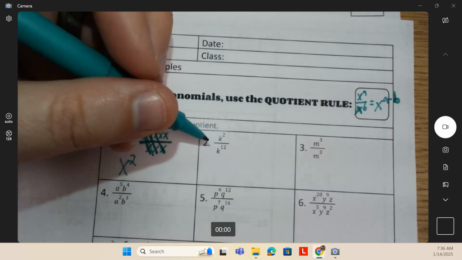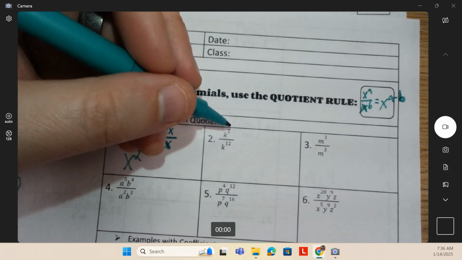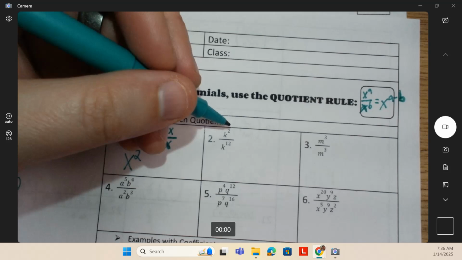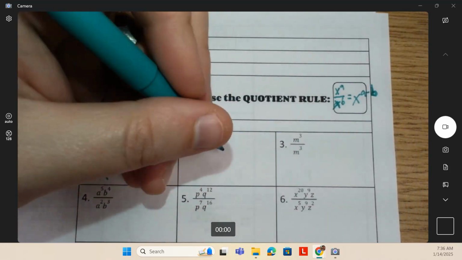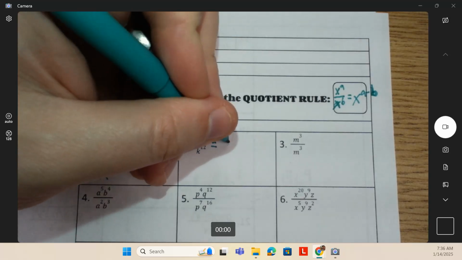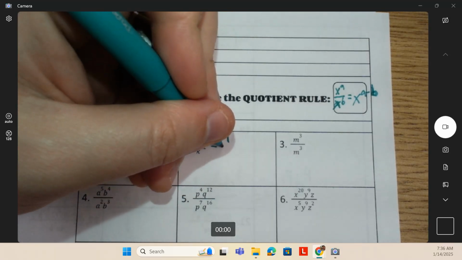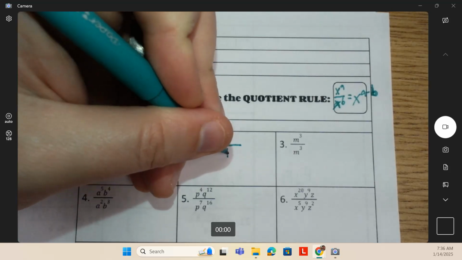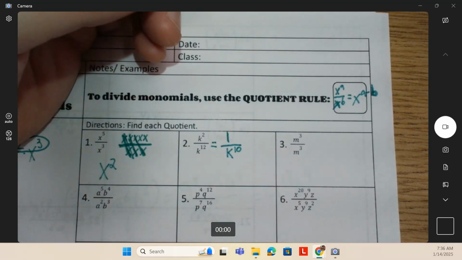So for instance, on number 2, k to the 12th is larger than k to the 2nd. If I do 12 minus 2, it's 10, but it doesn't hop up to the top. All that it means is that I get k to the 0 power, which would just be 1 on top. And on the bottom, I'd still have k to the power of 10 left.